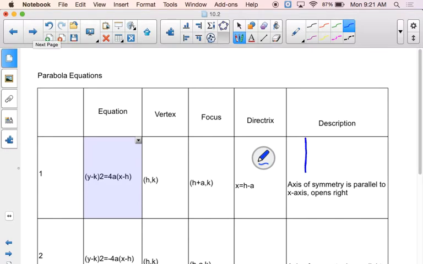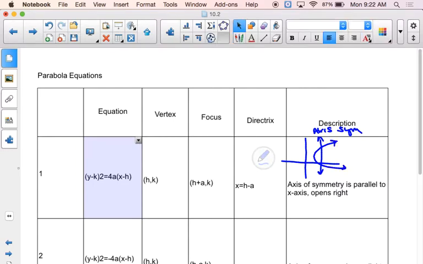So if I have my graph, there's my axis of symmetry, and it opens up to the right, so it's going to look something like that.